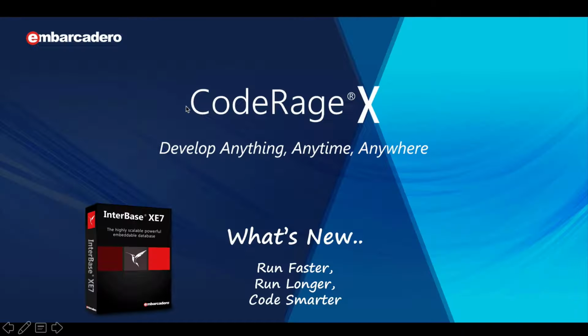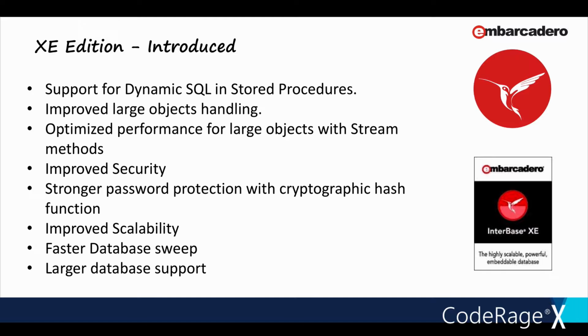So let's have a look at what's new around InterBase. Key thing is really, with XE7, it's about running faster, running longer, and allowing you to code a lot smarter. So very, very quickly, in XE, we introduced dynamic SQL in stored procedures. There were some great improvements in terms of large object handling, which really sped up the database, moving blobs out of the way unless they were actually really needed.